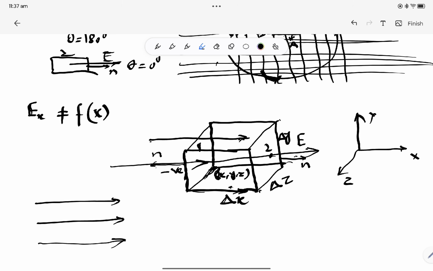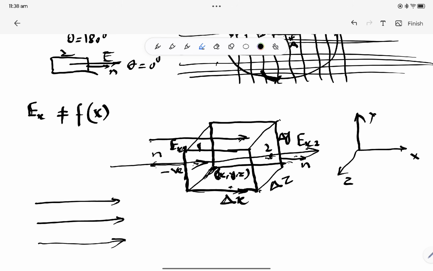what will happen? The total flux will be 0, because the flux at this point and the flux at this point are equal in magnitude but have opposite signs. Why are they equal in magnitude? Because the electric field here and here is the same, uniform. If we call the electric field at this face Ex1, and the electric field at this face Ex2, then Ex1 equal to Ex2 makes this flux 0.